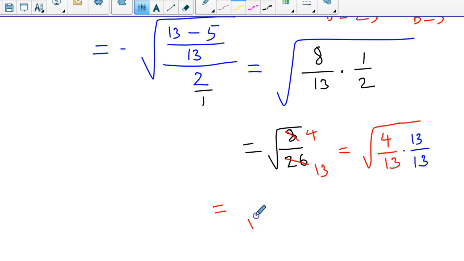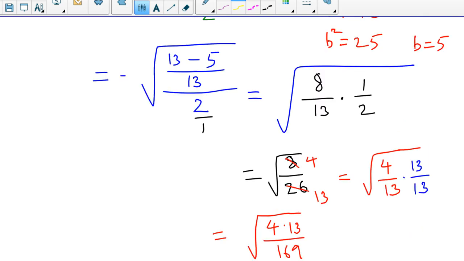Now let me write it down as just 4 times 13. I am not writing 52, because our simplification is going to be easier. Just leave them alone. And 13 times 13 I can just write as 13 square, or 169.